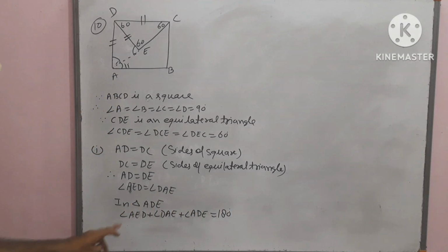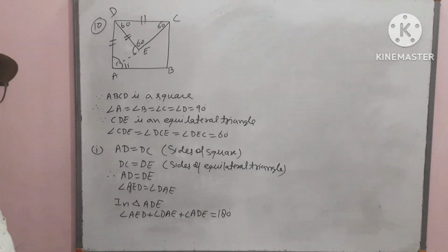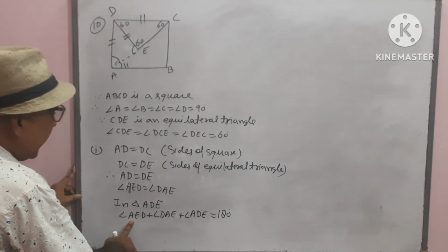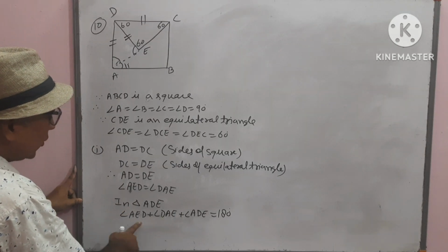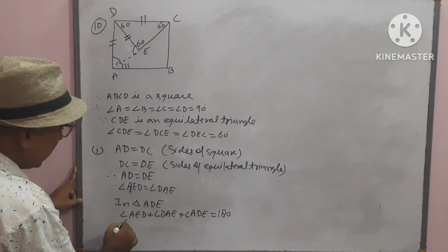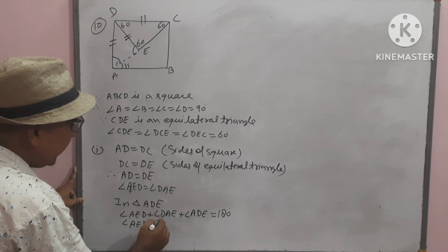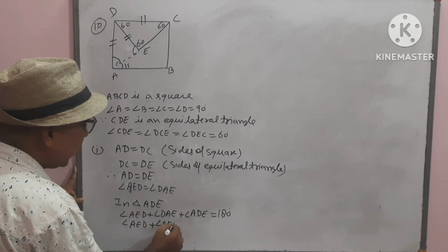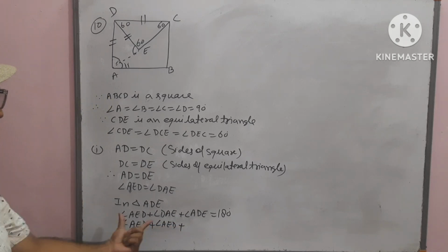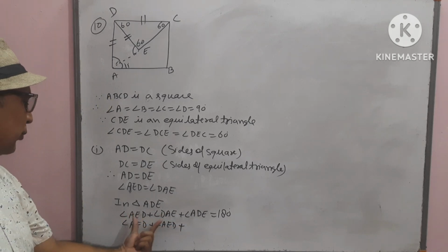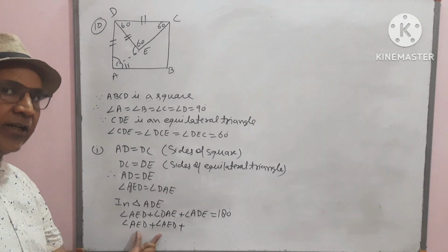In any triangle, the sum of three angles is 180. AED and DAE both are equal. And the question is asking AED. So DAE can be replaced by AED. Because these two angles are equal, both can be replaced by AED.